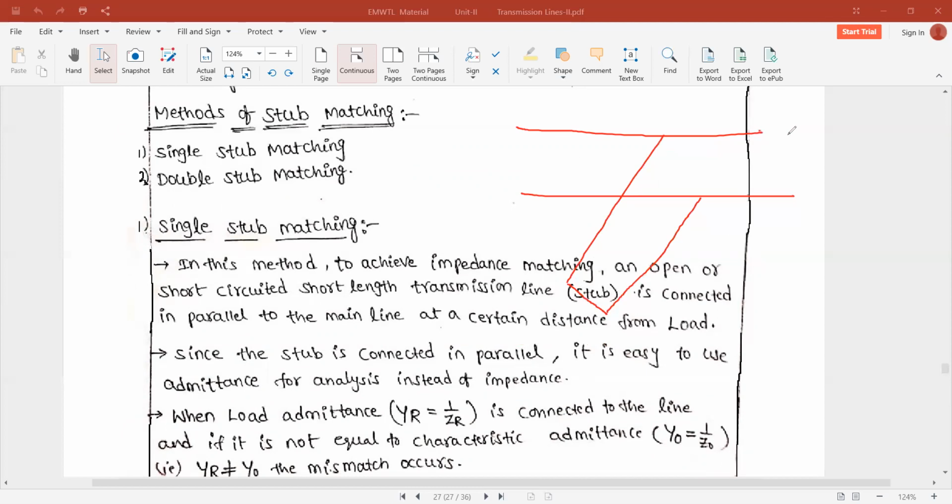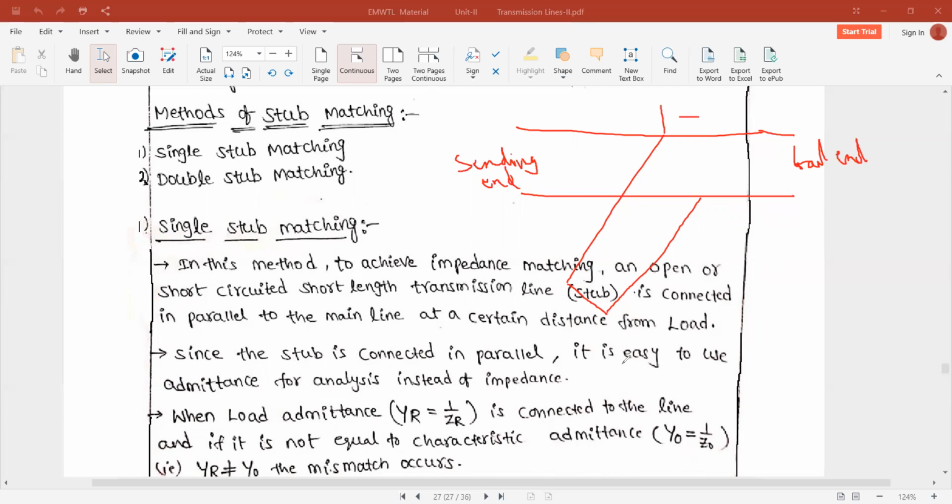This is the load end, and the load end is the sending end of the transmission line. This is the distance we have, a certain distance from the load end.